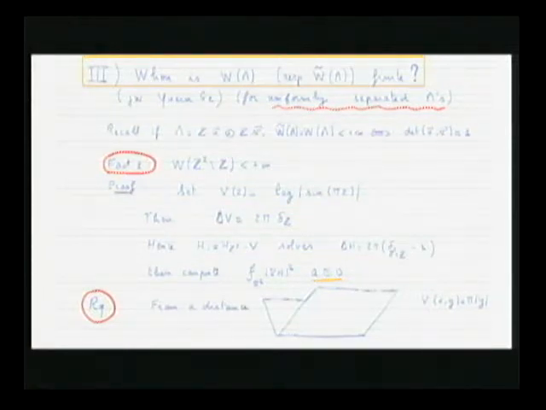I will restrict now to uniformly separated lambdas, because there can be two reasons why W of lambda becomes infinite. One reason is that two points get very close together, so the interaction between the points blows up. I'm not interested in this, so I don't want to consider it.